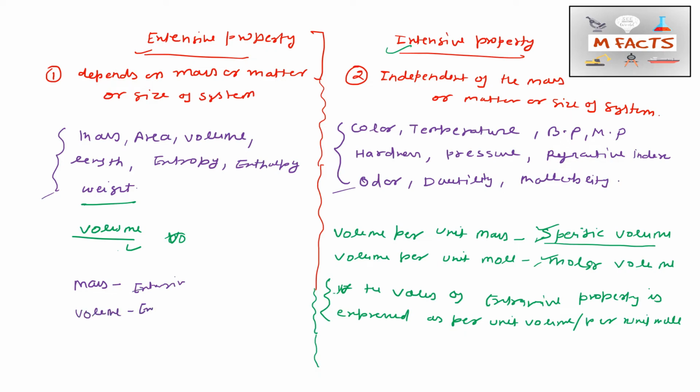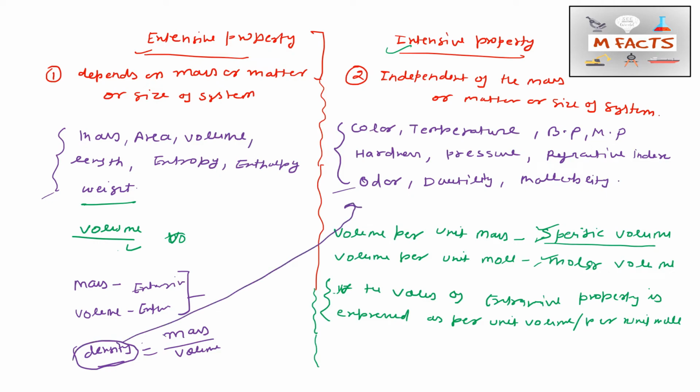But if we take the ratio of mass by volume, that is actually density. This density is an intensive property, but mass and volume individually are extensive properties.